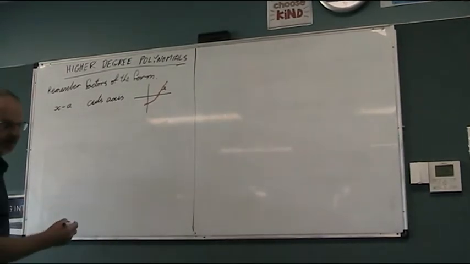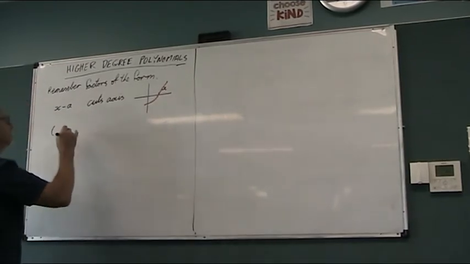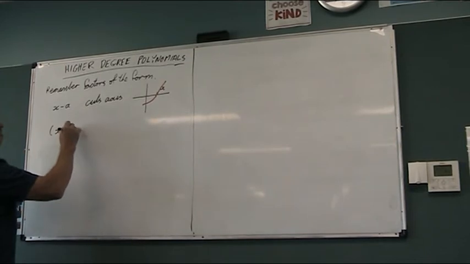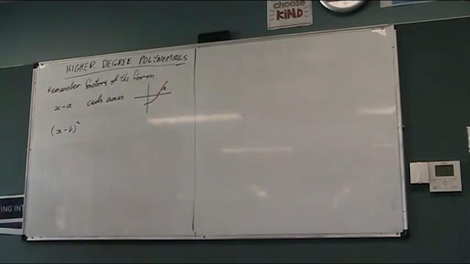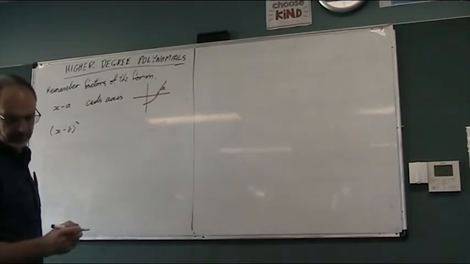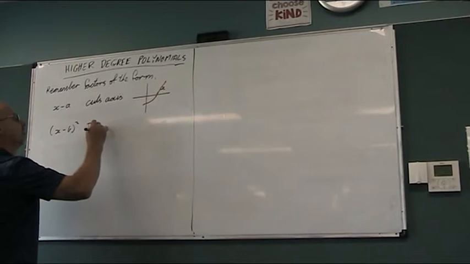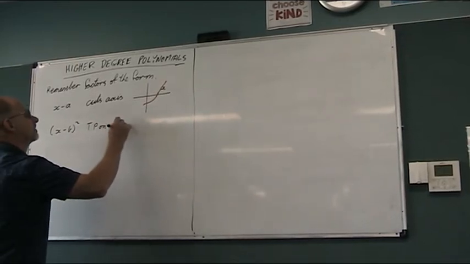If you then have a repeated factor, then what happens there at the axis? It turns around. So we have a turning point on the x-axis for that one.